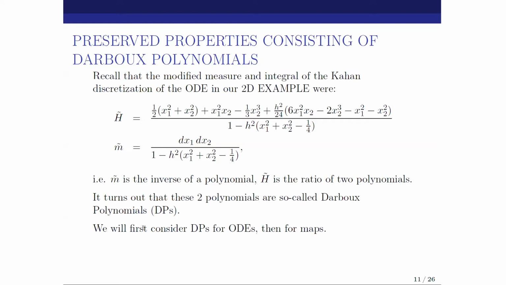But so we have to find these 2 polynomials. So how do we find these 2 polynomials, the numerator of H and the denominator of H, which is the same as M wiggle? Well, after we've been working in this area for a fair while, we discovered, and it was actually pointed out to us by Bambos Pilkington, that these polynomials are so-called double polynomials.